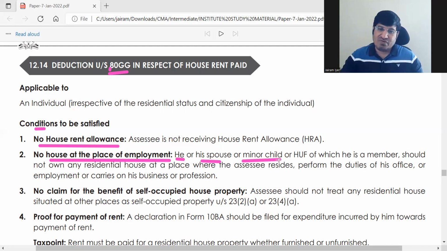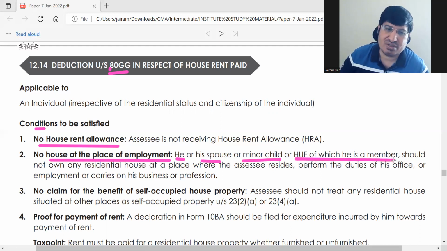Even a house belonging to him, his spouse or minor child will be treated as his own house, or HUF of which he is a member. So there should be no house in these names.